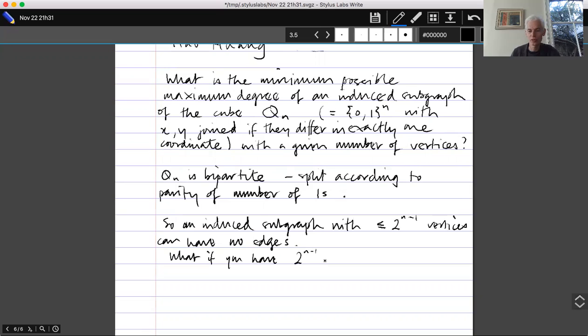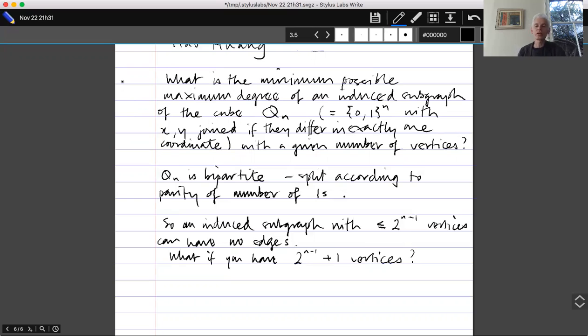2^(n-1) + 1 vertices? And this is exactly the question that turned out to be important in theoretical computer science, because the conjectured answer would solve the sensitivity conjecture. And it's this that Huang managed to determine.